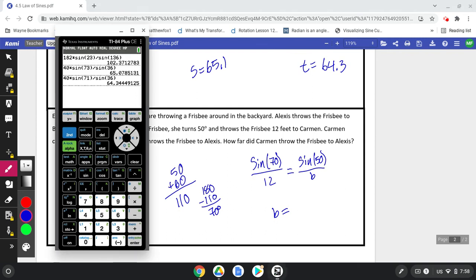So if we look here, we'll do 12 times the sine of 50 divided by the sine of 70. And I forgot a parenthesis. And if you forget the parenthesis, it can screw some things up. So I want to retype that. All right. Hit enter. We get 9.78. So if we round 9.8, and our label was feet.